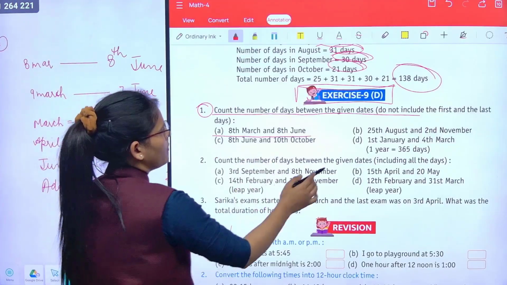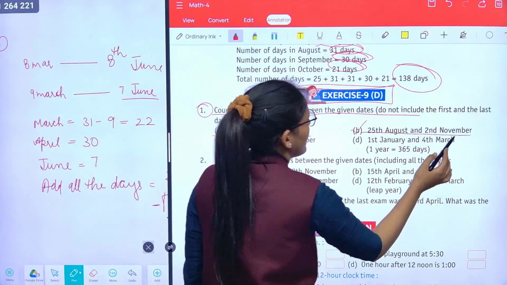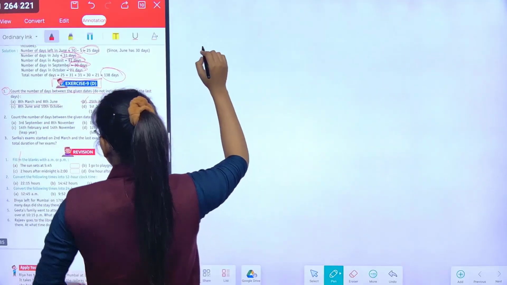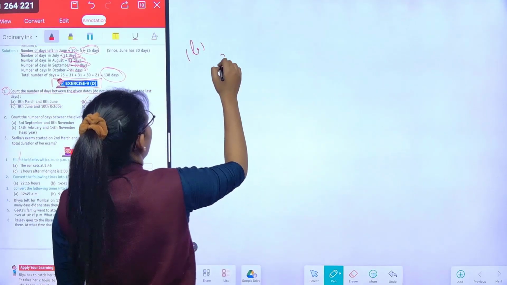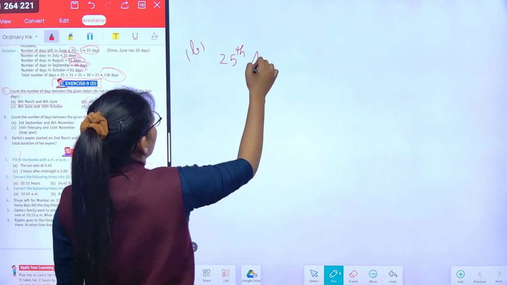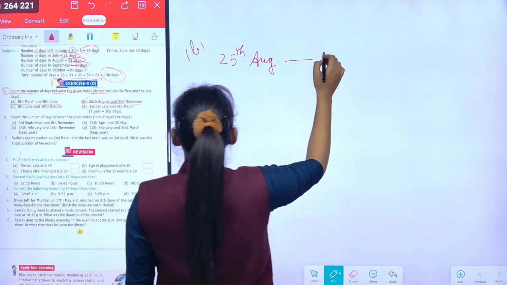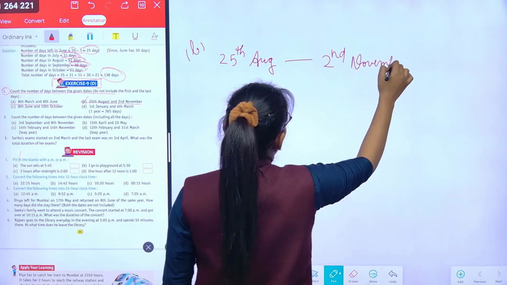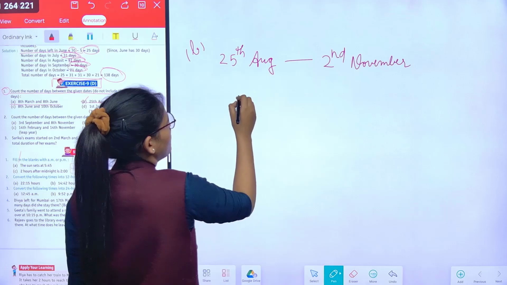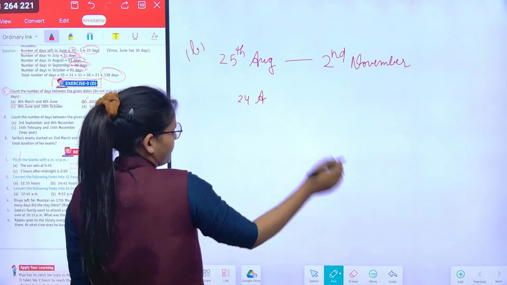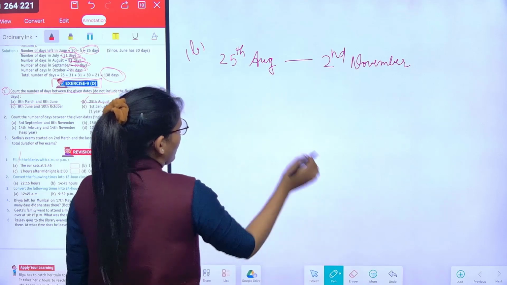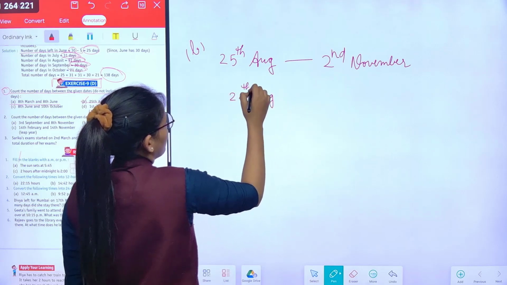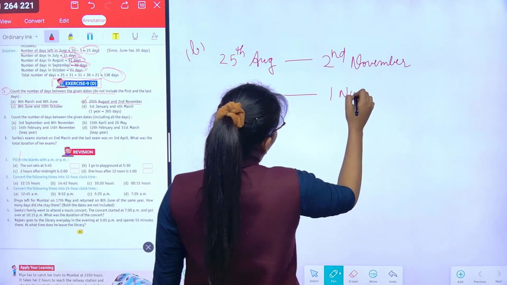Now come on B part. 25th August and 2nd November. So now come on B part class. 25th August to 2nd November. Now class, 25th means 26th August to 1st November.